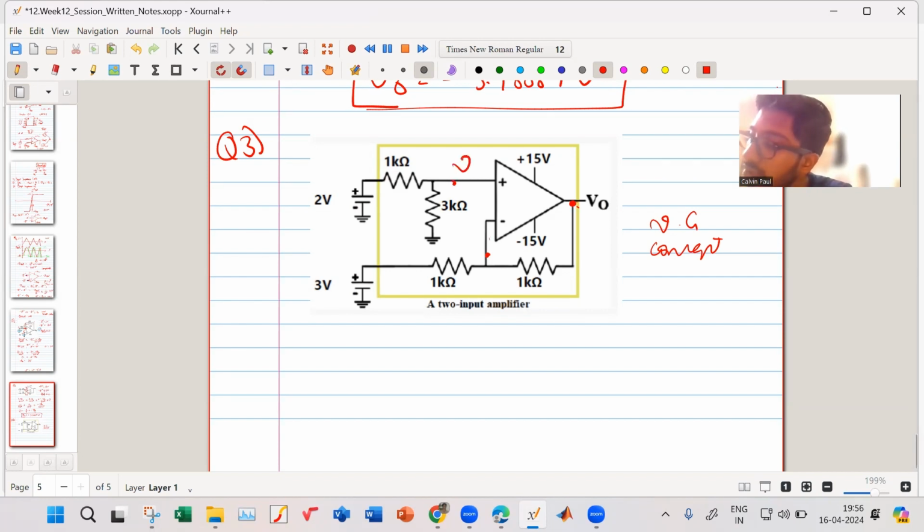So this is your V plus, this is your V minus. Can you tell me what will be your V plus? How will you solve this? Because when you look at it, it looks so complicated, right? Yes, sir. So how do you solve it?